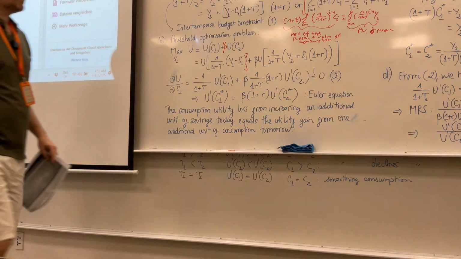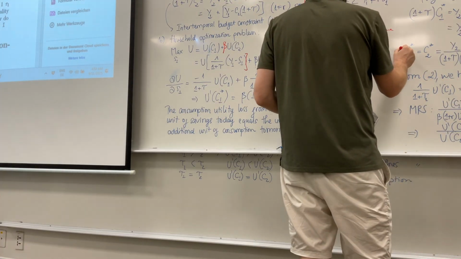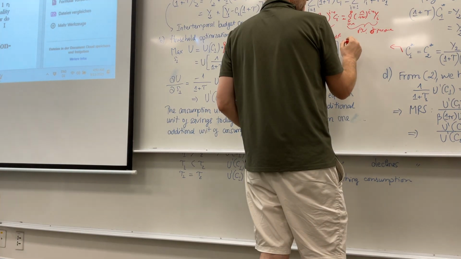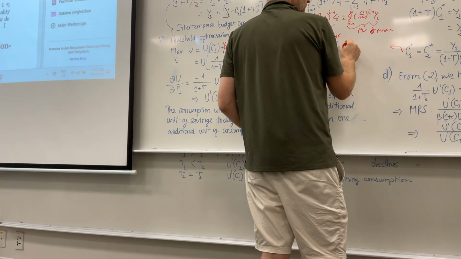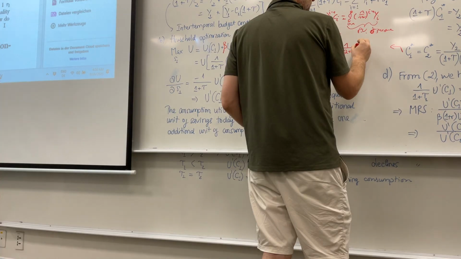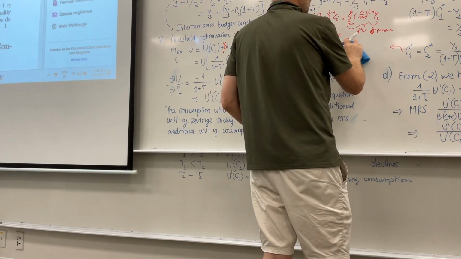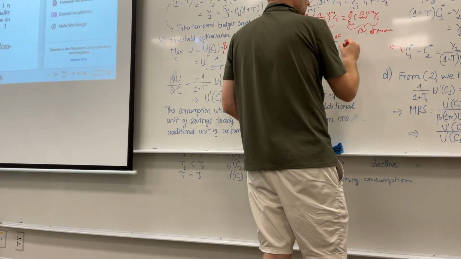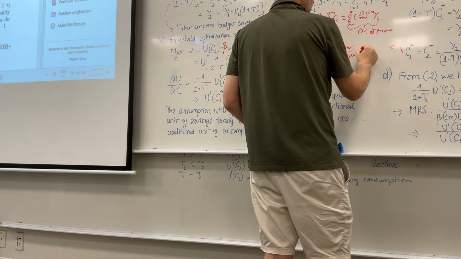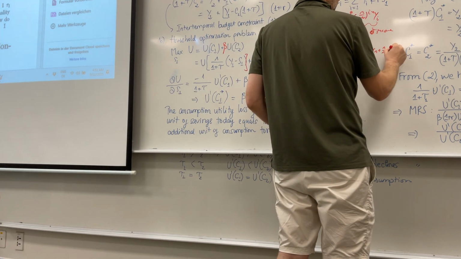There are different ways that you can write it to think about it a little bit differently. Maybe another way would be 1 over 1 plus R, times... 1 plus R over 1 plus 2R, plus tau, times y1 plus 1 over 1 plus R y2.